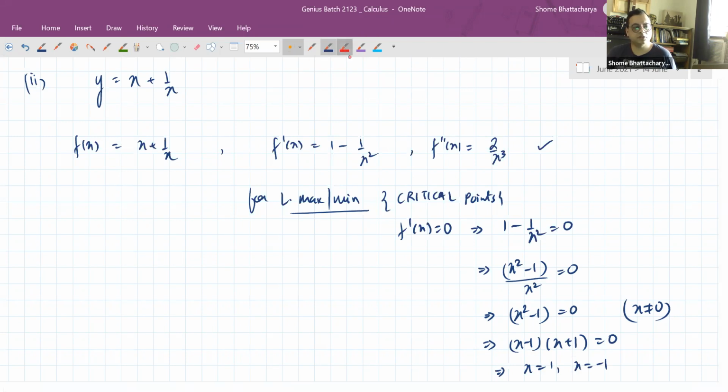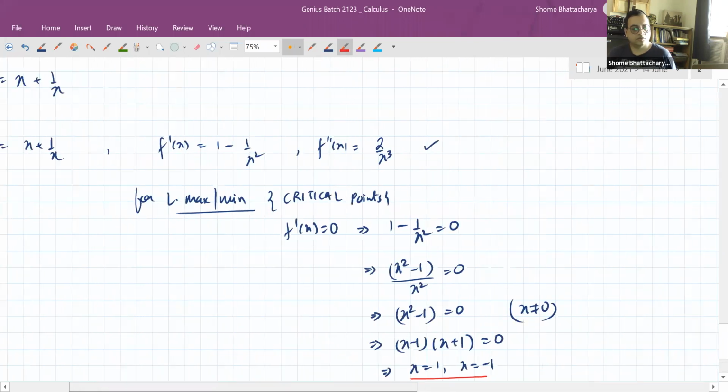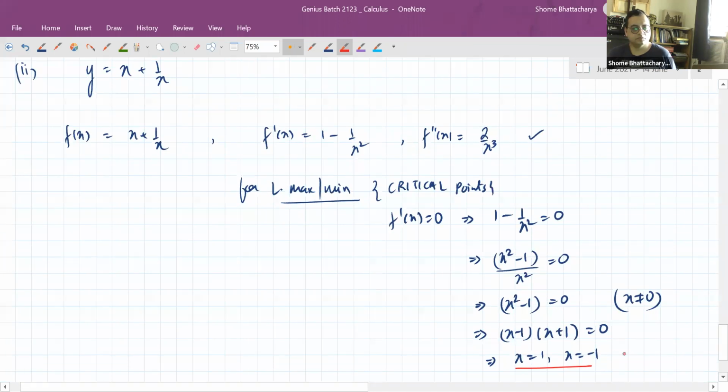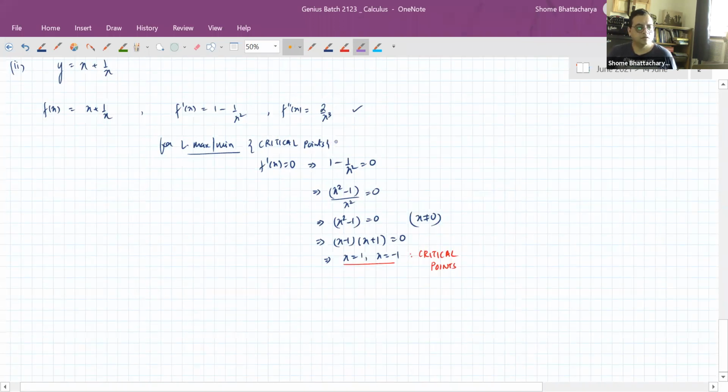These are my critical points. Now at each of the critical points, I have to do the second derivative test. Critical points are basically roots of f prime x. Now from here, the next thing we have to do is the second derivative test.